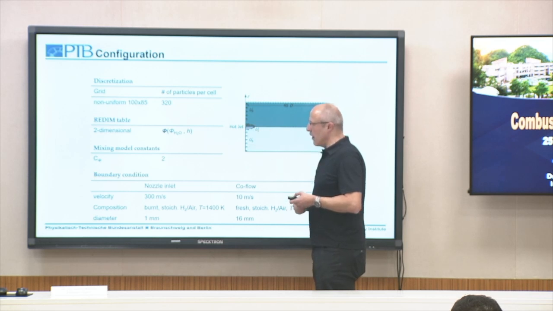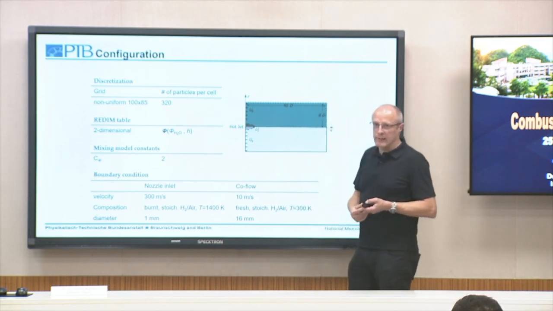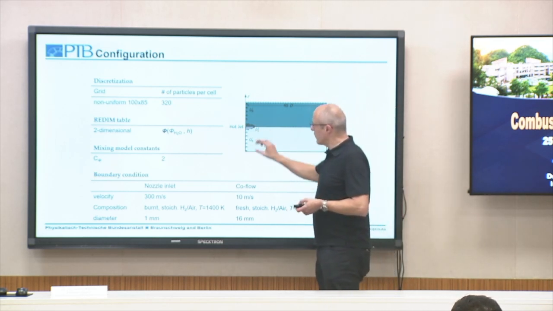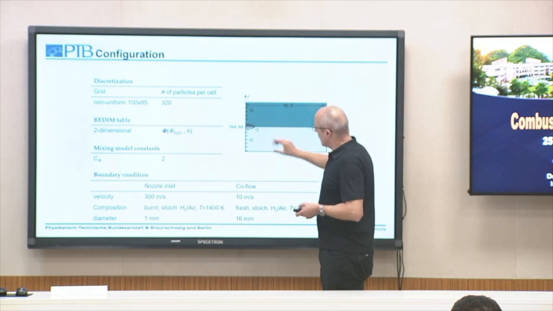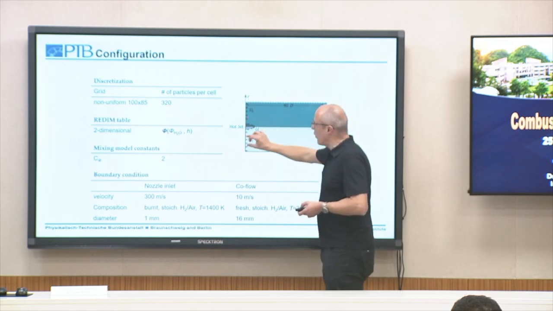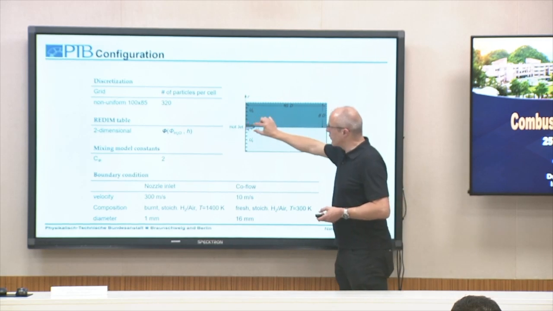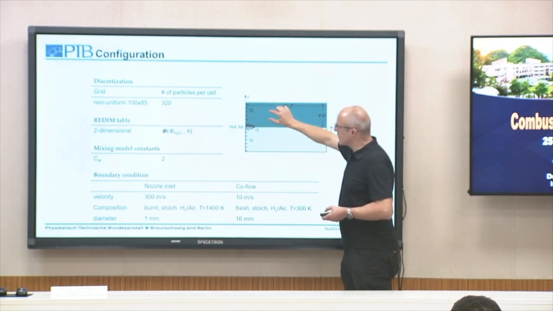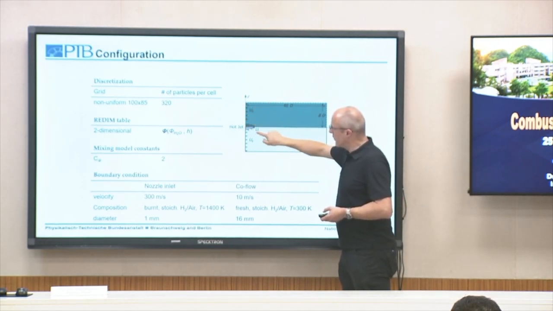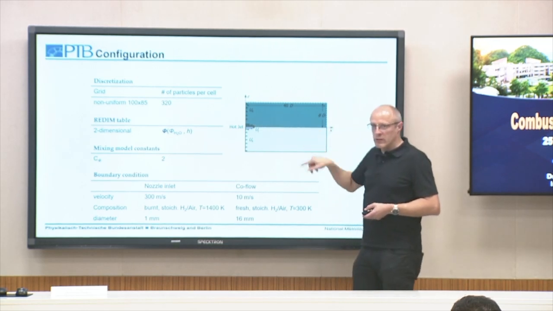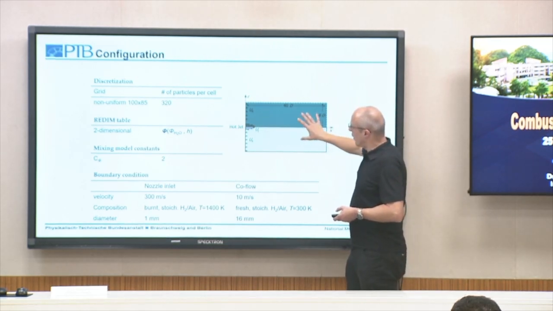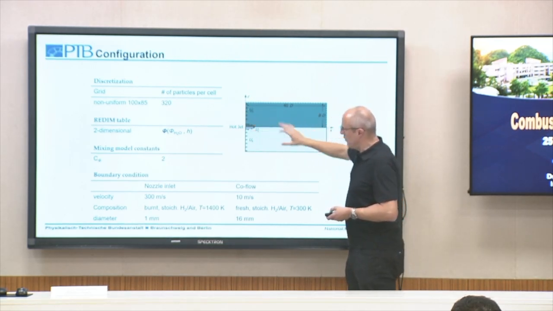The composition at the outlet is hot burnt gas, which flows out of the nozzle. Then there's a slow co-flow, more due to numerical reasons. So we have hot gas flowing out here, cold gas here, and then of course this mixes with the unburnt cold mixture here in front and with the co-flow.